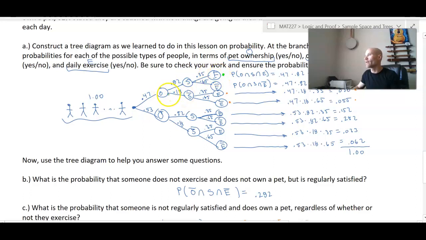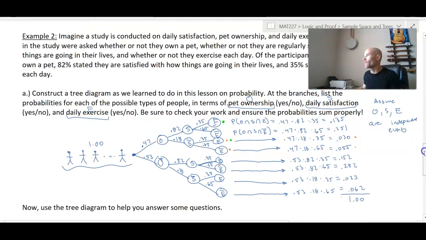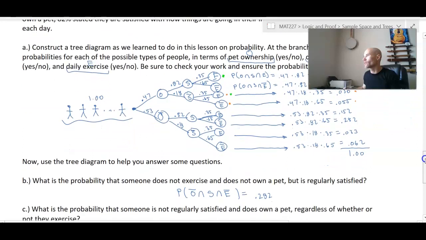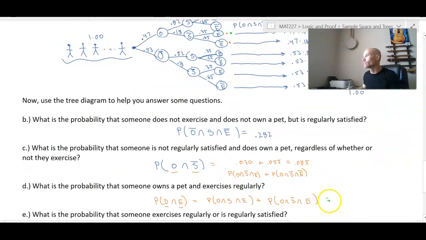And then we have pet owners and exercise here as well. So adding those 2 percentages together, that's going to be 0.135 plus 0.030, which gives us 0.165. So 16.5% of people own pets and exercise regularly.